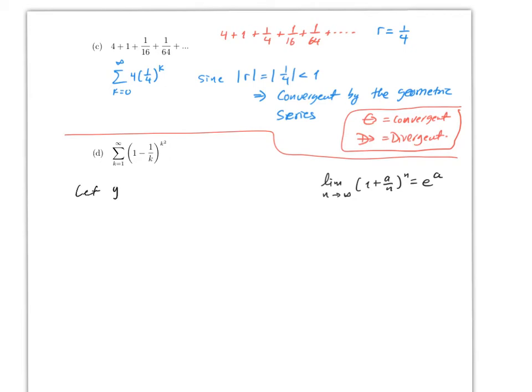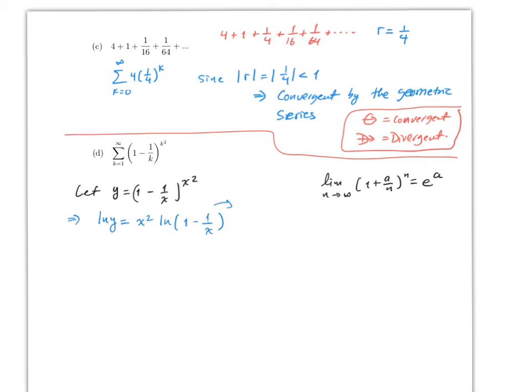So let y equal (1 minus 1 over x) squared. Therefore, ln y is equal to x squared times ln of 1 minus 1 over x.